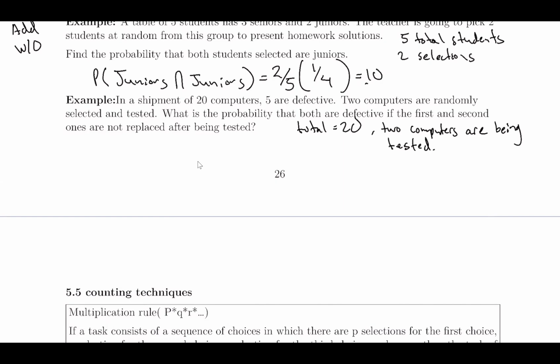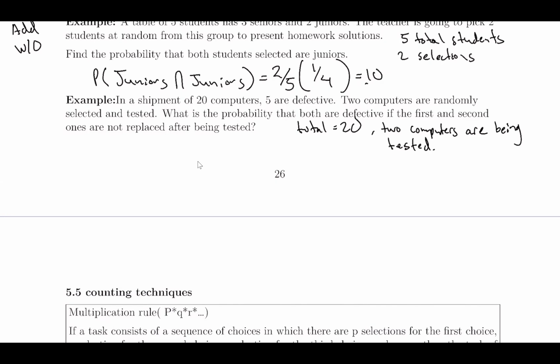And then if you look at it, does it make sense if I test 1 computer to see if it's defective, for me to retest that computer to see if it is once again defective? No, because once you check that computer, if it's defective, you want to move on to the next computer. So we're doing the testing without replacement.